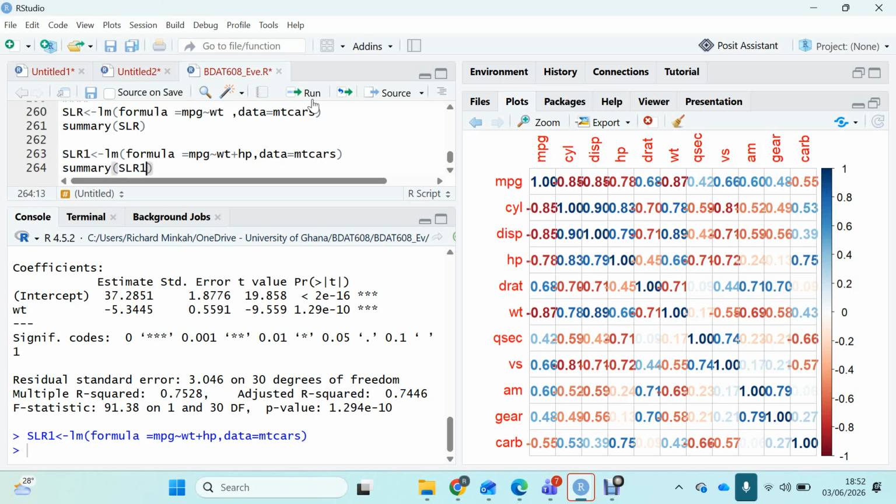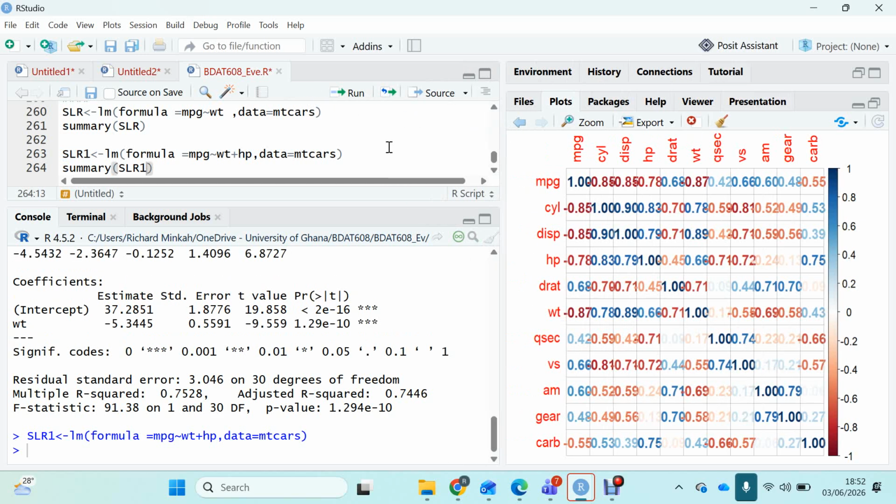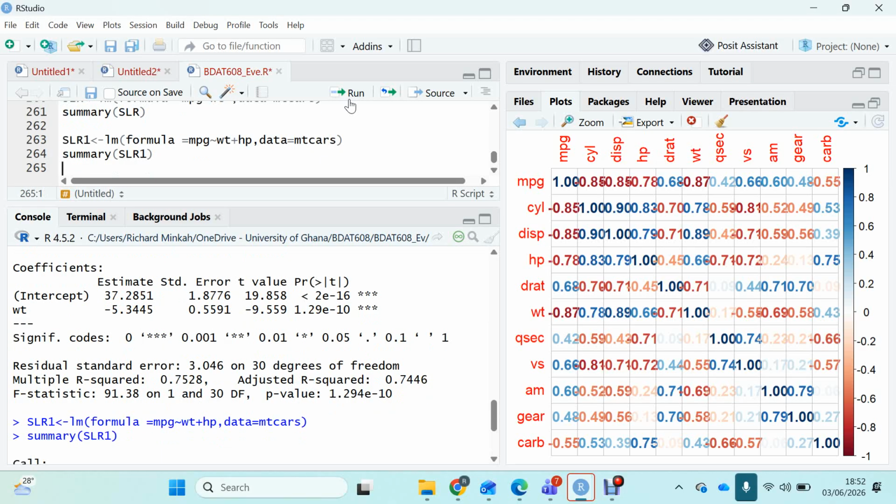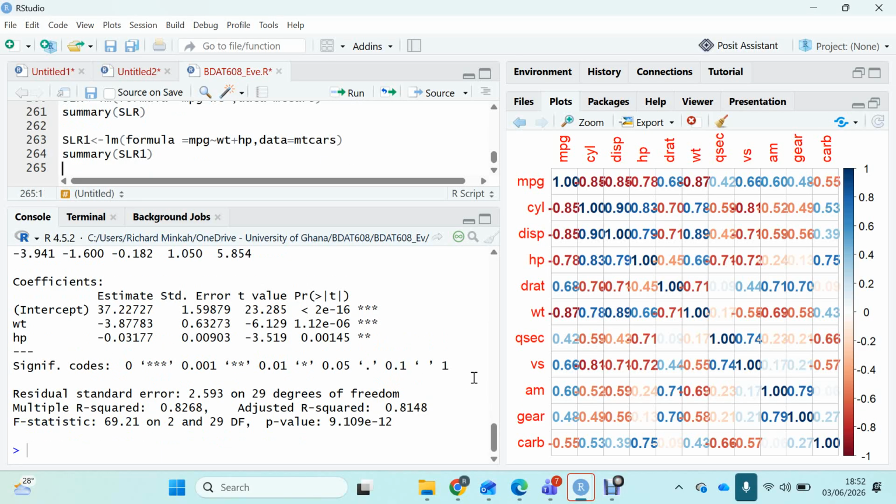Almost 1, yes, 0.9. So that introduces what we call multicollinearity. And that's why when you put all of them together, it's like they are not explaining the variation well. So basically, this is what we mean by this one. We are doing forward selection.